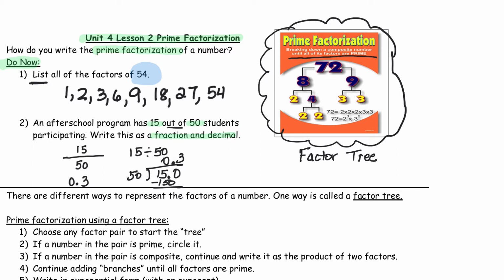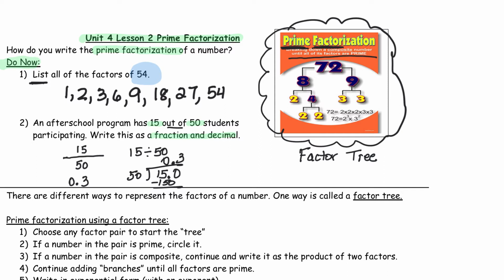Now, this is different than the T-charts that we did yesterday, because in the T-charts we listed all of the factors. But in prime factorization, what they're looking for us to do is break down all of the composites so that all we're left with are these prime factors of each number.